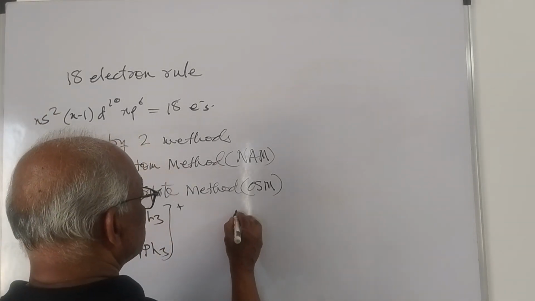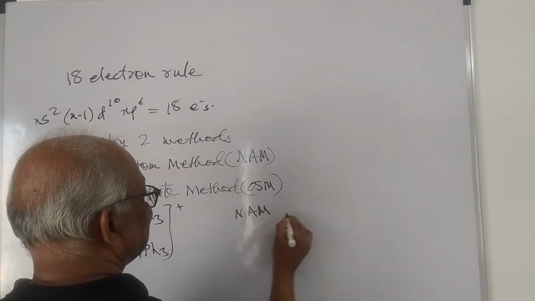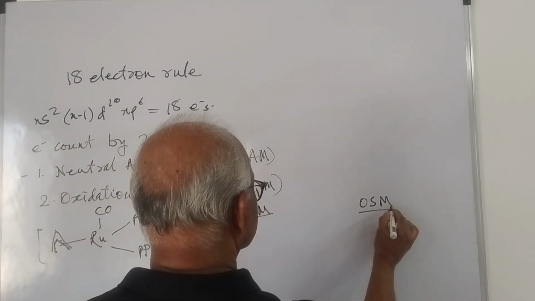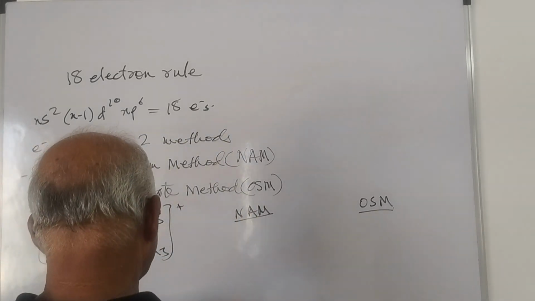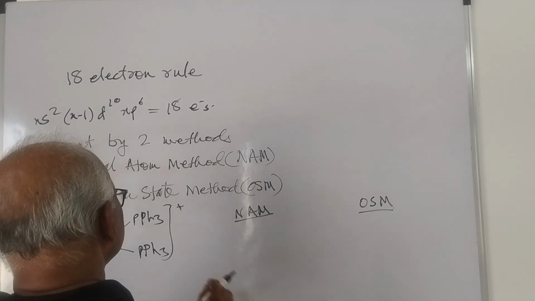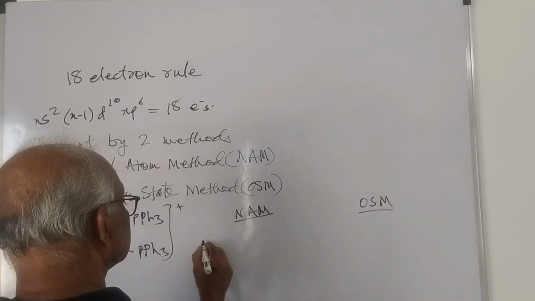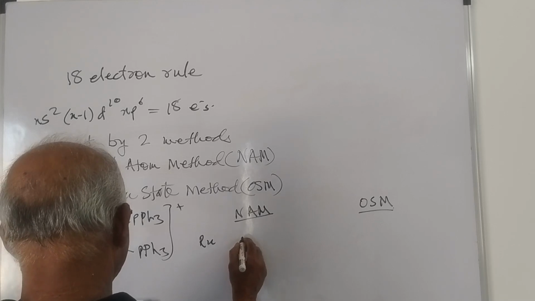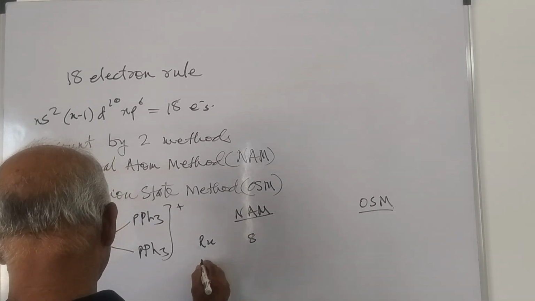Now, according to NAM and according to OSM, the electron count is like this. This Ru contributes 8 electrons.